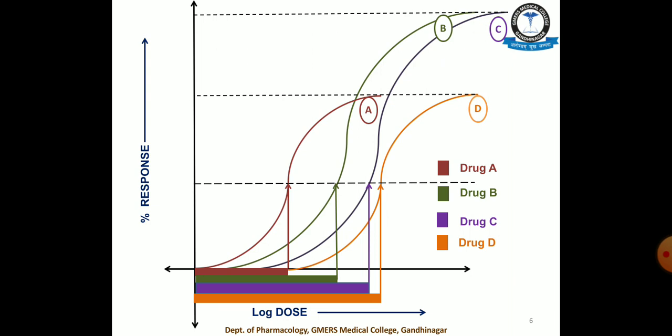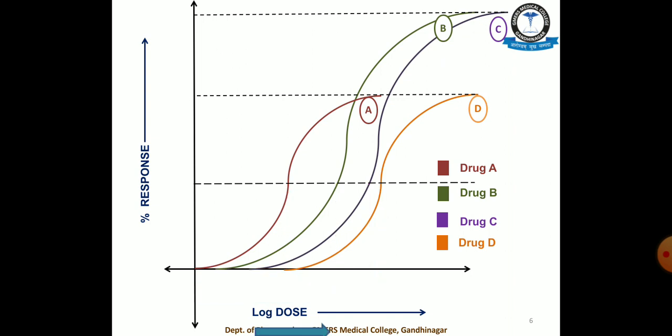It means for producing a certain response, the amount required of the drug D is maximum. Okay. So just by looking at the graph, you just observe carefully that as we are going on the right side, if there is a rightward shift, it means the potency decreases.